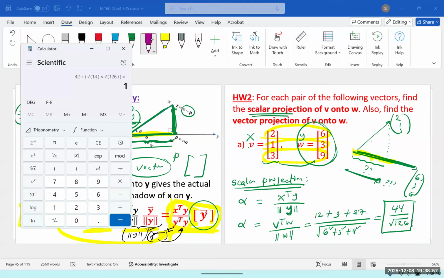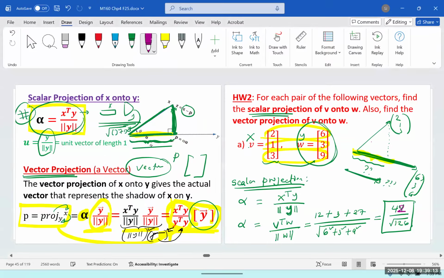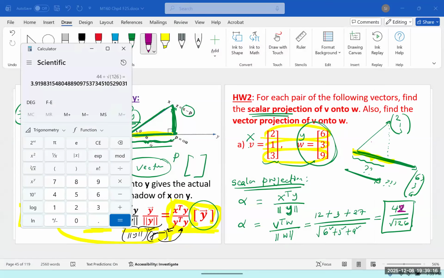Let's see what number that is. 42 divided by the square root of 126. What is 126? 36 plus 9 plus 81.